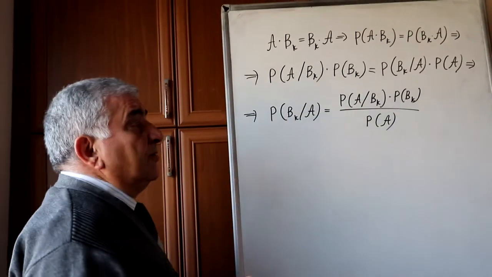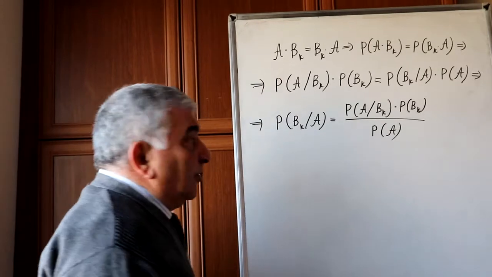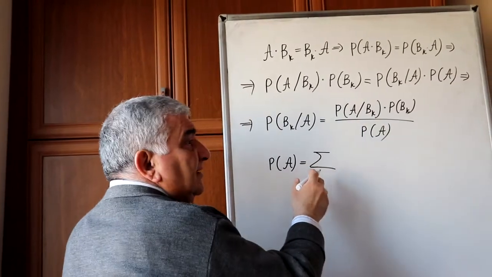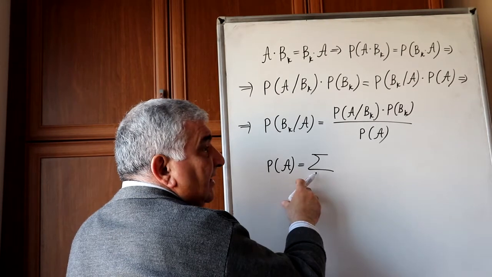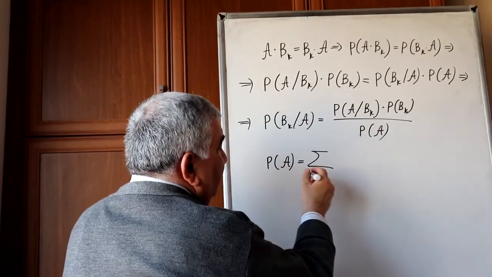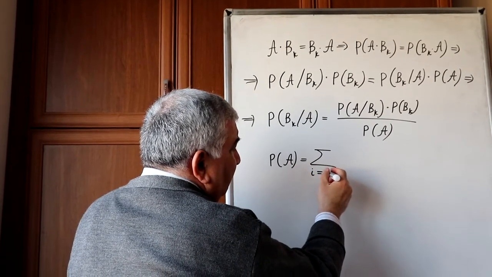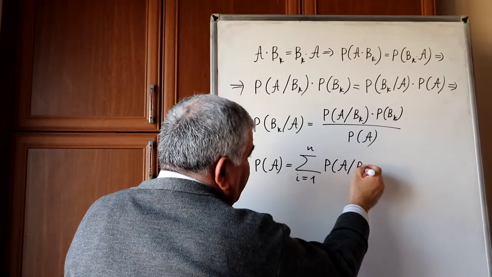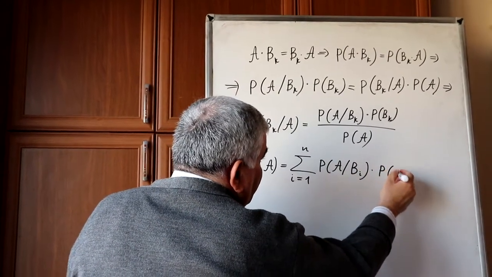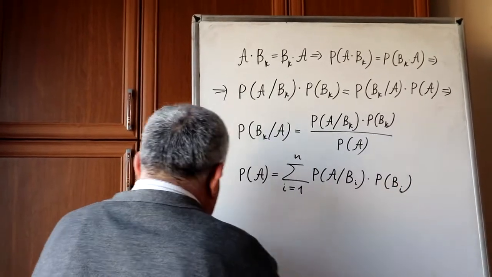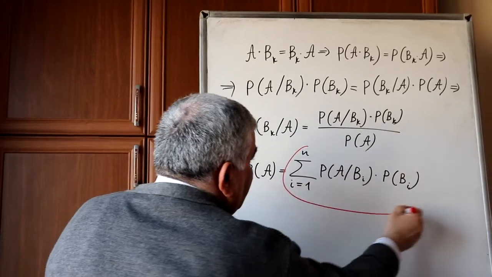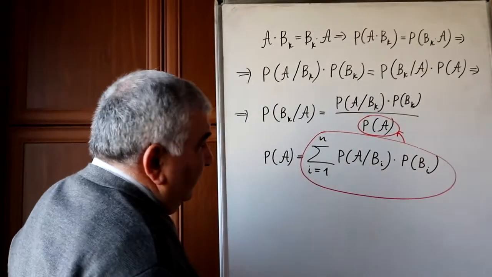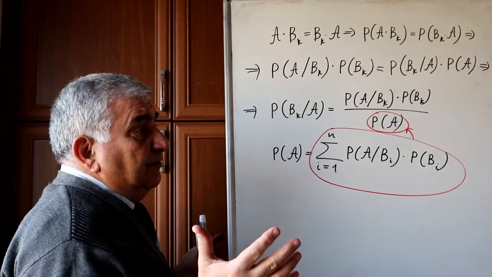And also remember the formula of the total probability. P of A equals sigma. Sigma is the sum sign, for i from 1 to n, P of A under condition of B sub i multiplied by P of B sub i. Then substitute the last expression instead of P of A, and finally we can obtain the Bayes formula.